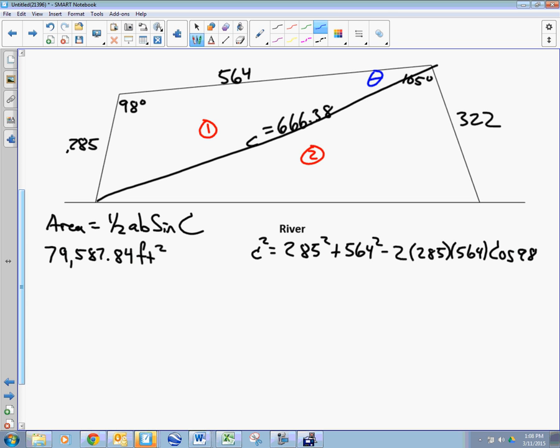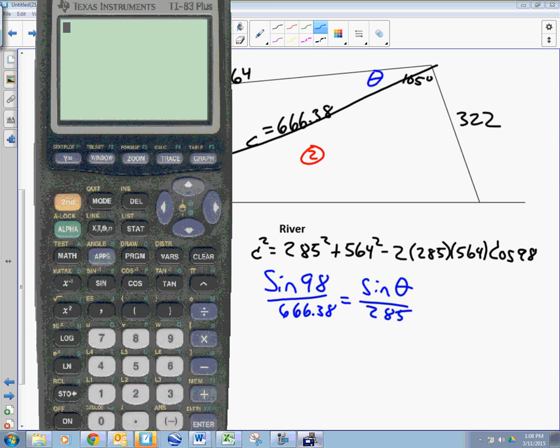I need theta right there. I don't know this angle. I know the two angles together are 105. If I could find that angle, then I could find that one, right? Do I have enough information to find that angle now? Yeah, law of sines. So the sine of 98 over Satan is equal to sine of theta over 285. And cross multiply.